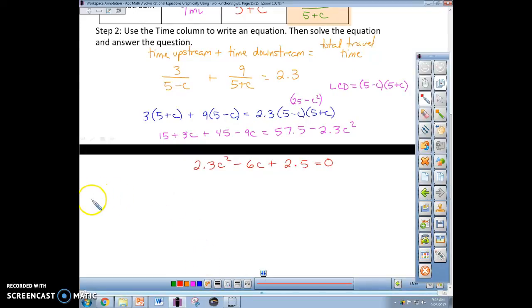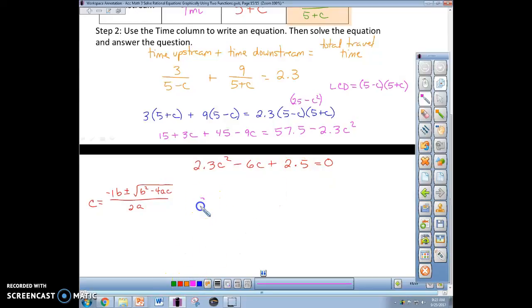So recalling our quadratic formula, our variable c would be equal to -1 times the b value plus or minus the square root of b squared minus 4 times the a value times the c value, all divided by 2 times the a value, where a is the 2.3, b is the -6, and c is the 2.5.